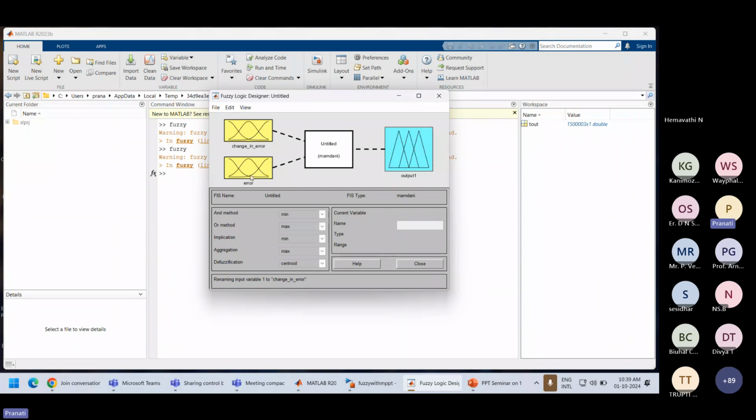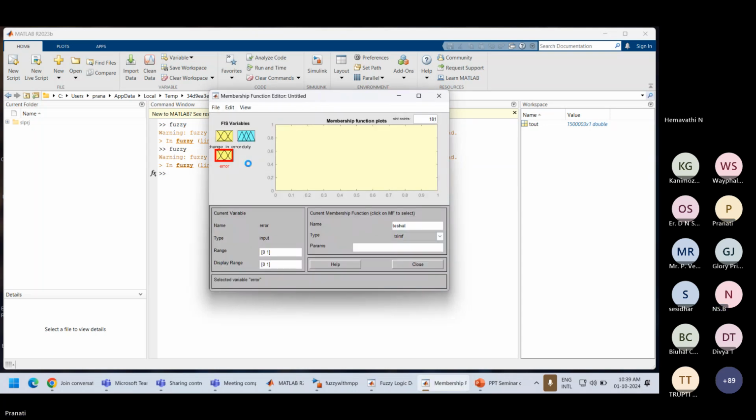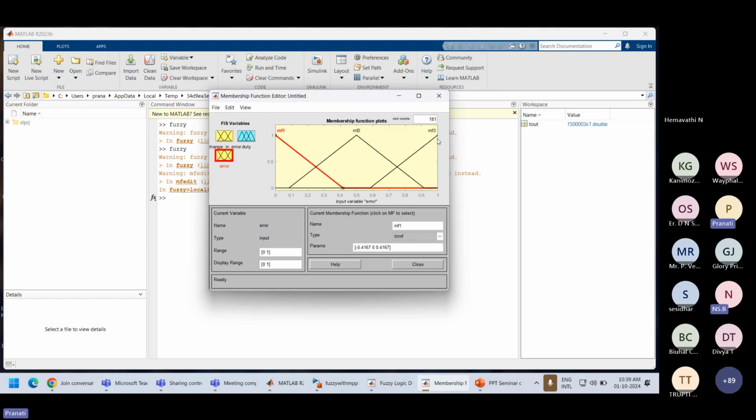We have changed the input variable names. Similarly, the output name we can use as duty cycle. See, duty is written here. I have used Mamdani fuzzy; you can use a different fuzzy logic, Takagi-Sugeno fuzzy also. Then for the error, these are all the membership functions given by default: membership function 1, 2, and 3. I can change the membership function values.